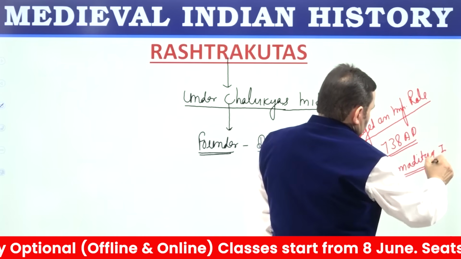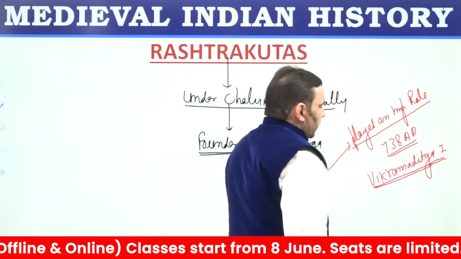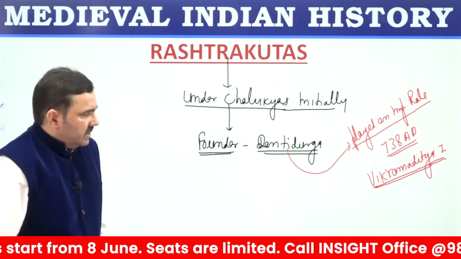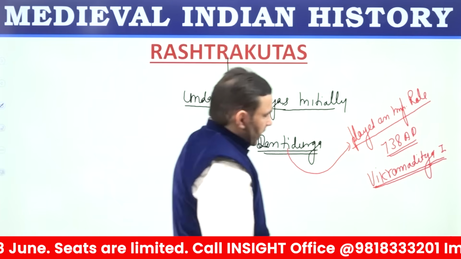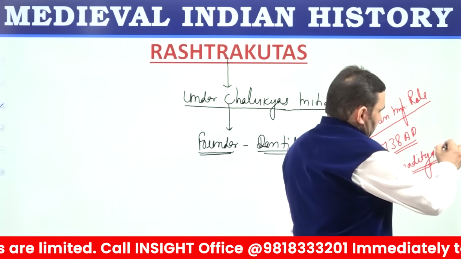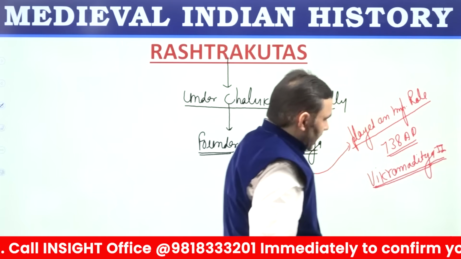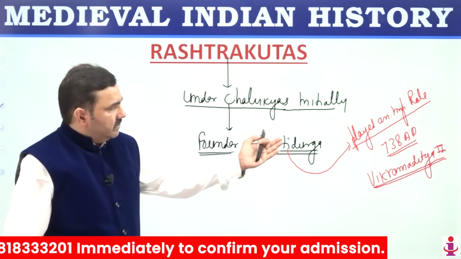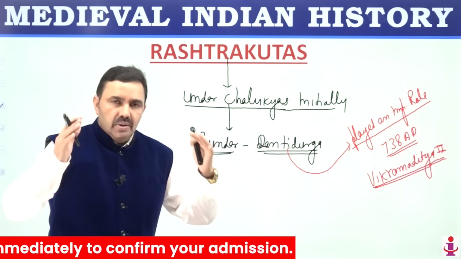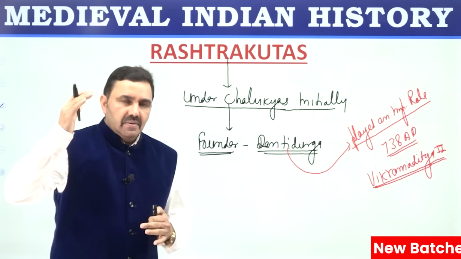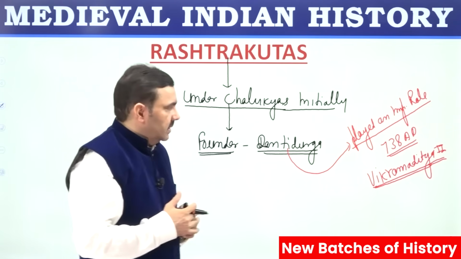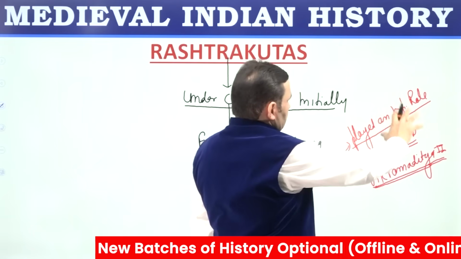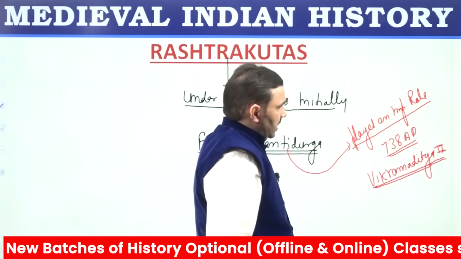There was Chalukyan king Vikramaditya, second, not first, second. So as I told you, Rashtrakutas were under Chalukyas' powerful king, or the main power that time was Vikramaditya II. He was the king of Chalukyan dynasty.